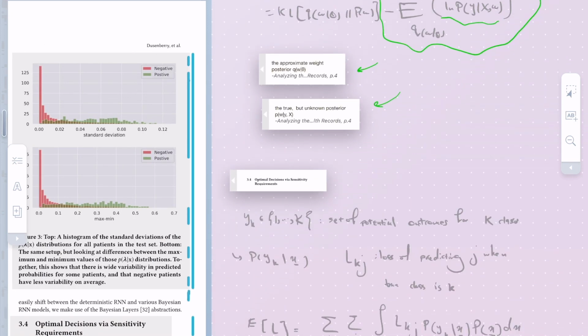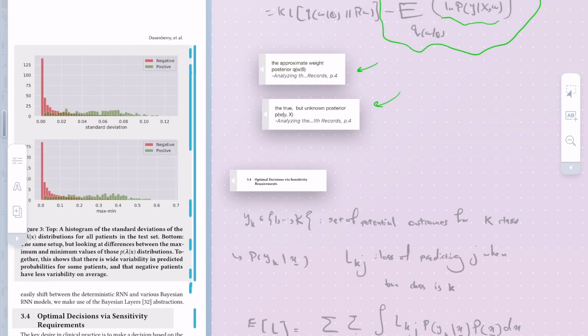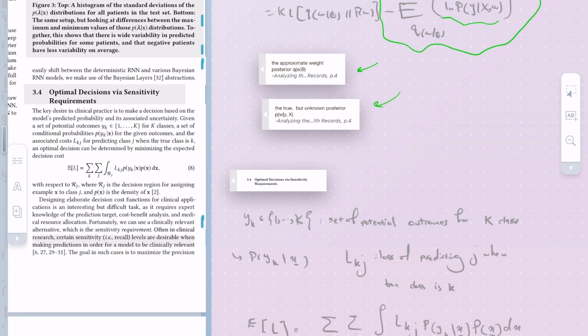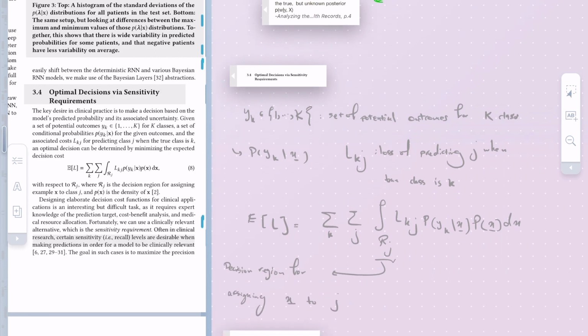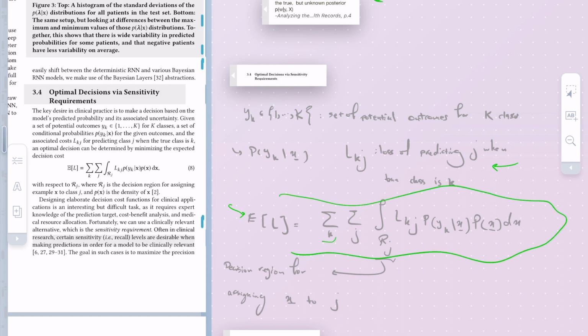Now what happens to the optimal decisions if we think of it this way? First, let's look at this equation. If L is the loss of predicting J for an example when the true class is K, we have a loss like this over all the true classes and all the predicted classes.